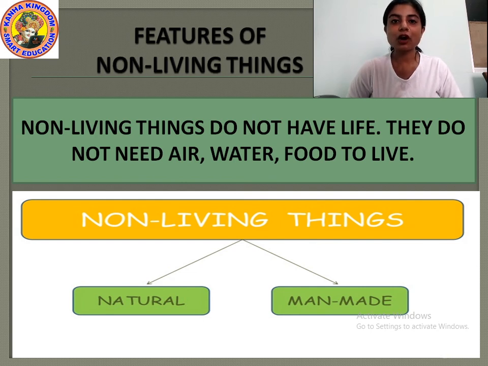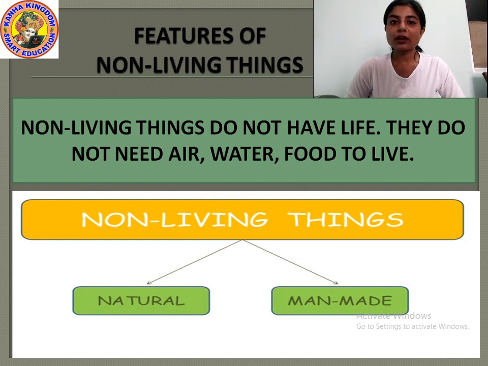And non-living things do not die. And non-living things do not need air, water, food or a place to live.